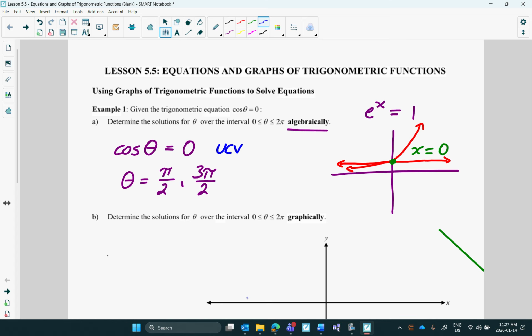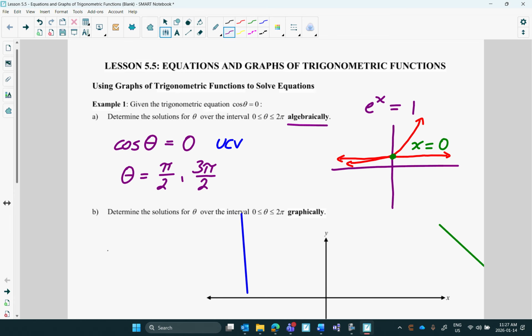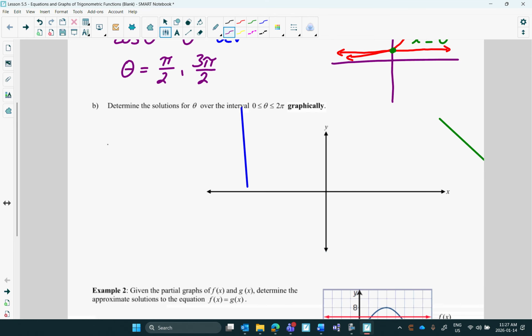What if we solve this graphically? To solve it graphically, we split each side. So we need to graph y equals cos theta, because we're going to need to toss a y in front of it, and y equals 0, because the equation is cos theta equals 0.